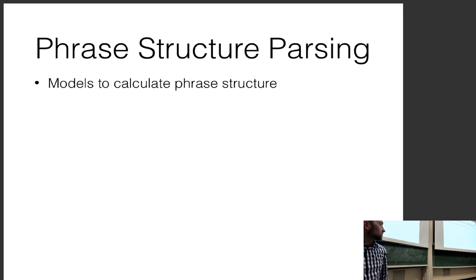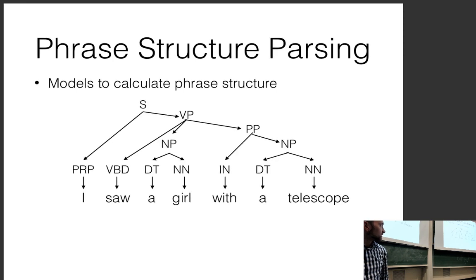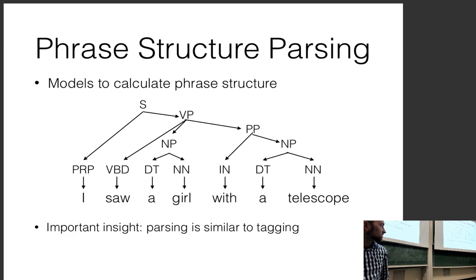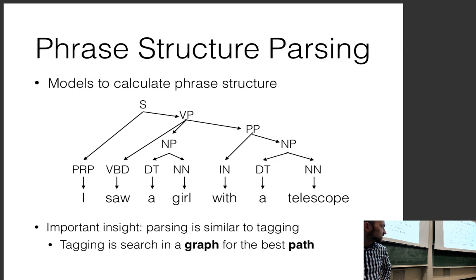There are also models to calculate phrase structure. There's one important insight: parsing is similar to tagging. Tagging is essentially the search in a graph for the best path through the graph.